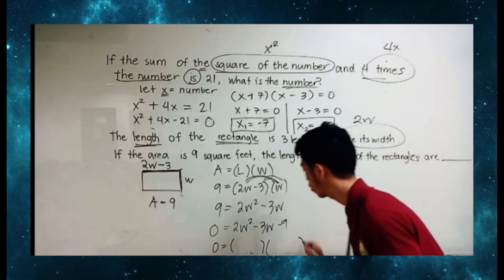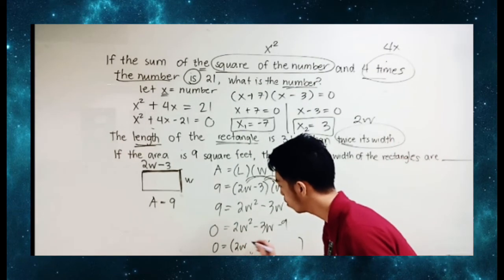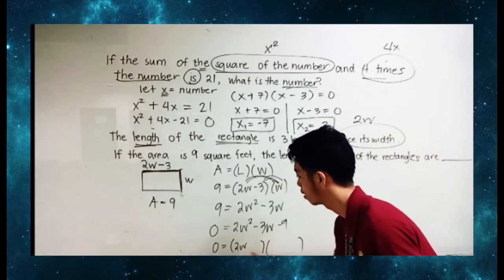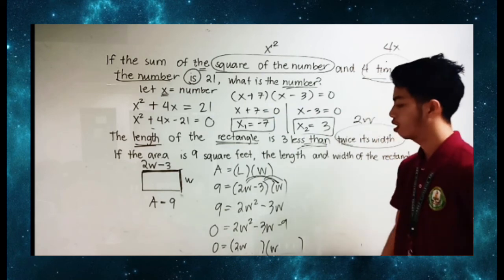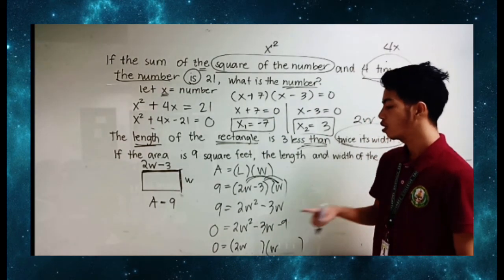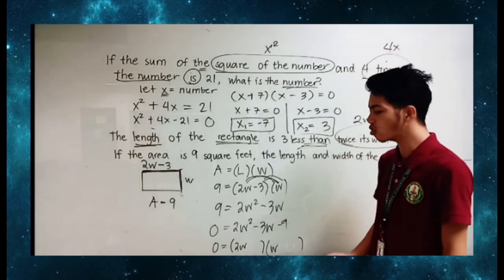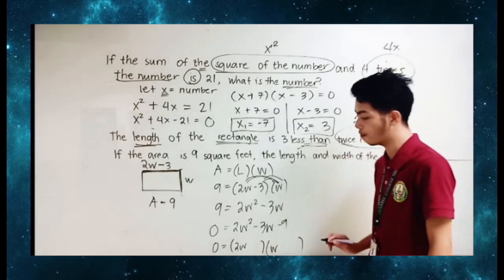Paano tayo mag-factor? Anong factor ng 2W squared? That is 2W and W. Ano naman yung factor ng negative 9? Pwede ang negative 3 at positive 3. Pero saan natin ilalagay yung positive 3 at negative 3?